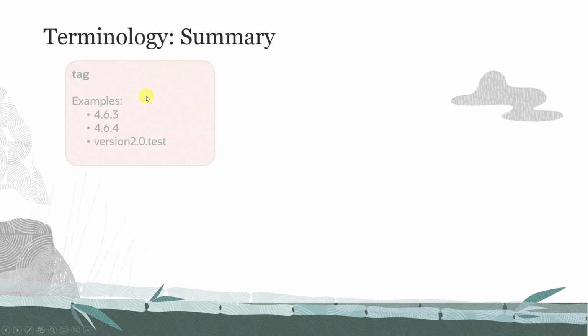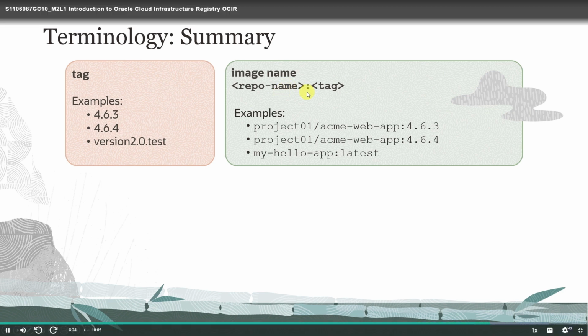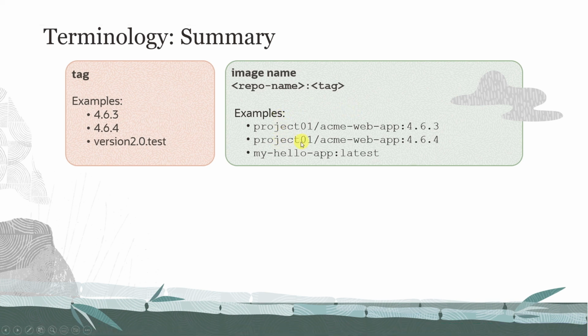Moving on, a tag or an image tag is a string used to refer to a particular image in a known registry. The term image name is sometimes used as a shorthand way to refer to a particular image in a particular repository. In this context, an image name has the structure repository name along with tag separated by a colon.